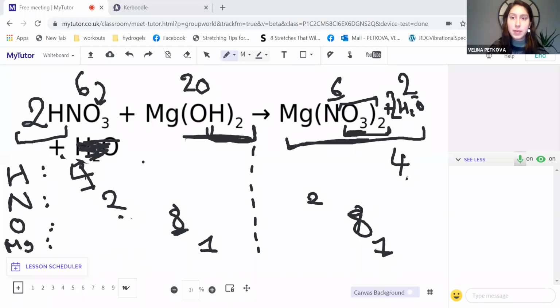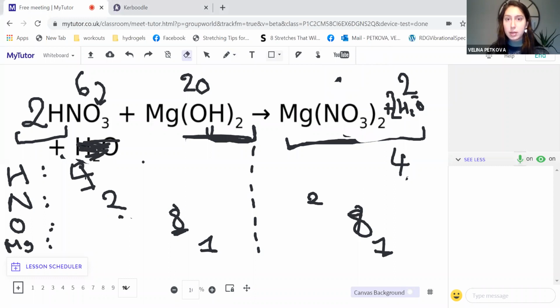How hard do balancing equations get? They get quite tricky, but they are always manageable. You're always able to solve them. So there are 8 oxygens, because if we count up the oxygens on the right here, in this formula we have 6 oxygens, because we've got 3 oxygens inside the brackets, and we've multiplied the bracket by 2, okay?